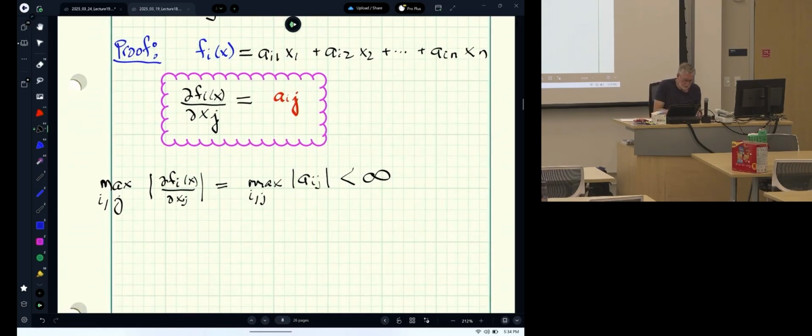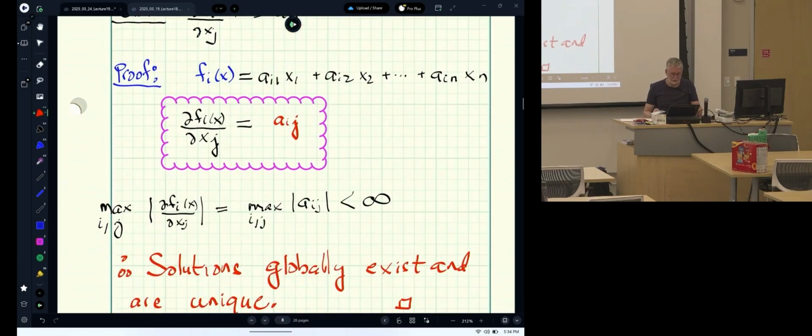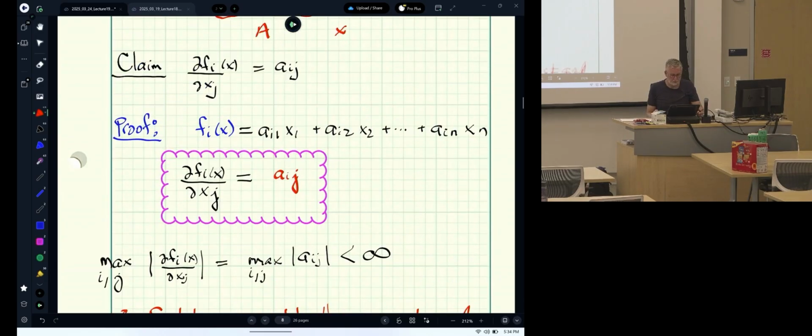Okay? And so solutions globally exist and are unique for linear differential equations. So x dot equals Ax.